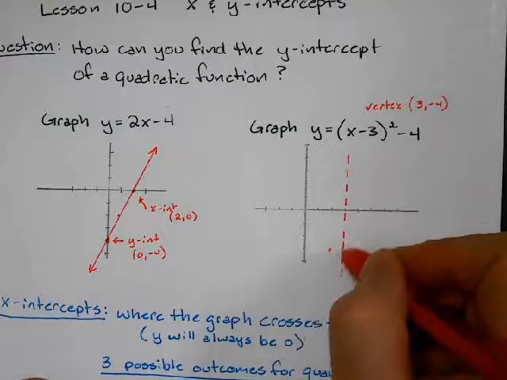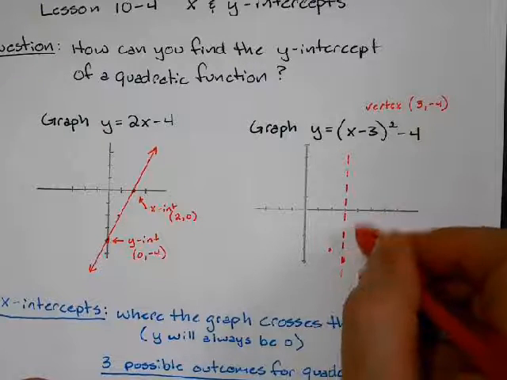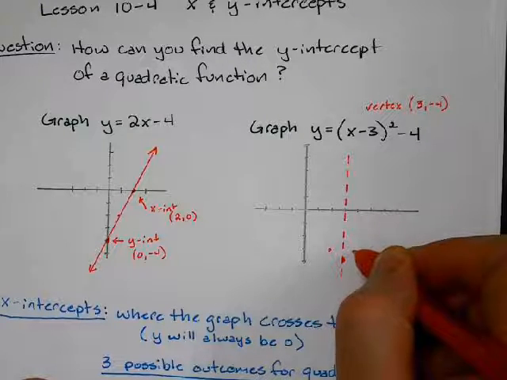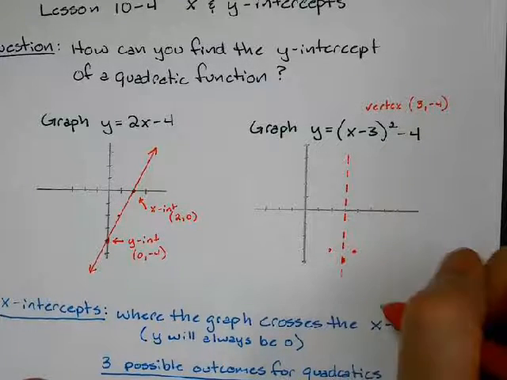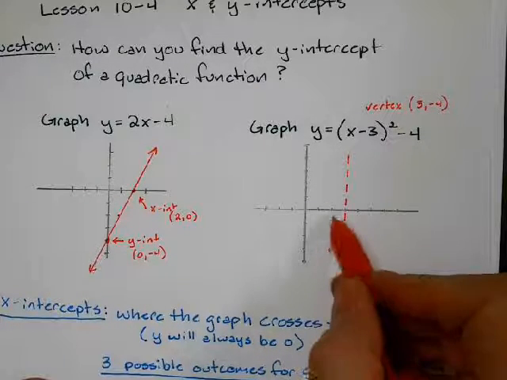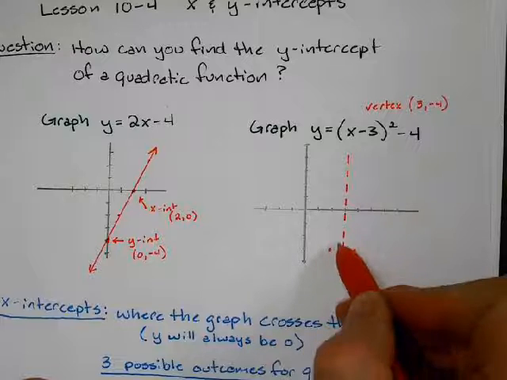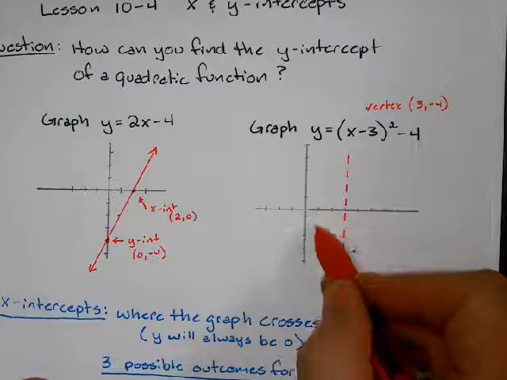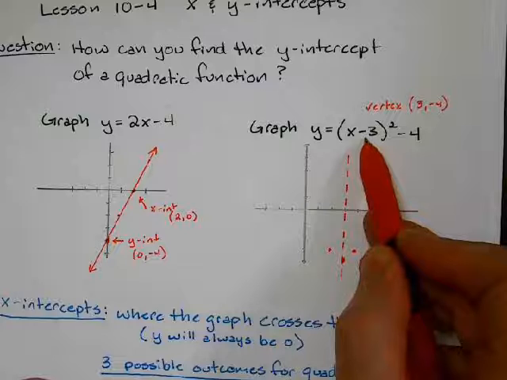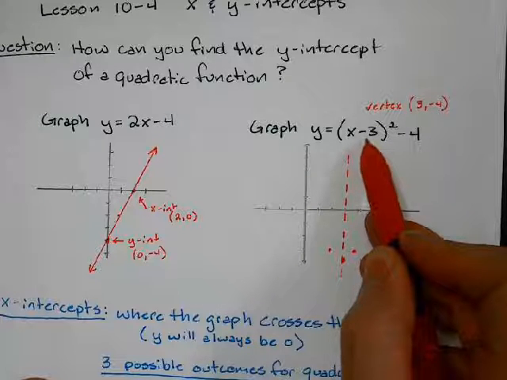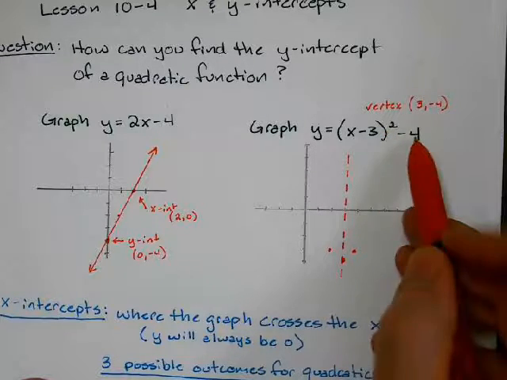Now that tells me, since I have an axis of symmetry here, I should have another point on the other side. So I automatically get that one. It's 2 for 1. Once you get 1, you get the other one. The next number I would plug in, I've already plugged in 2 and got -3, so let's plug in 1 and see what we get. 1 minus 3 is -2. -2 squared is 4. 4 minus 4 is 0.